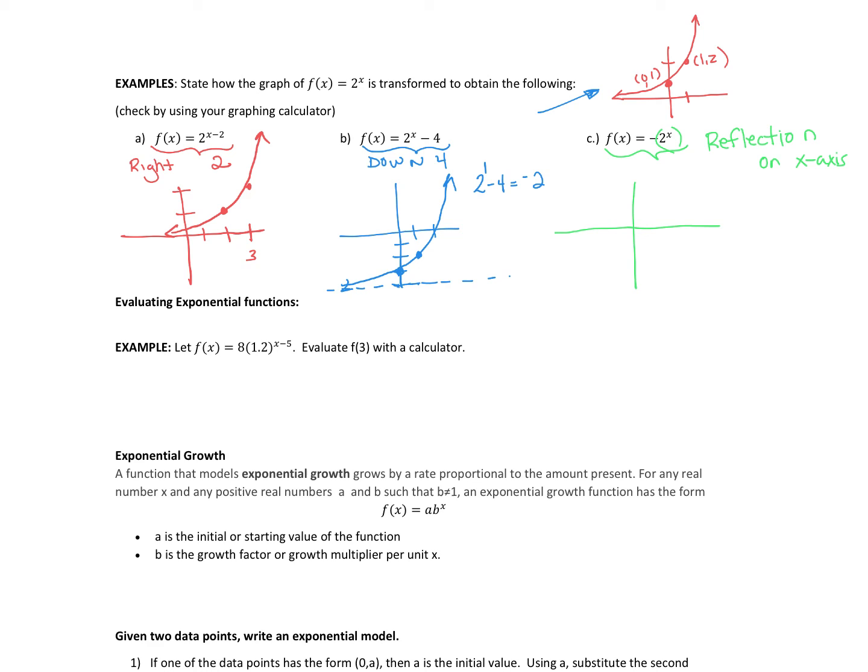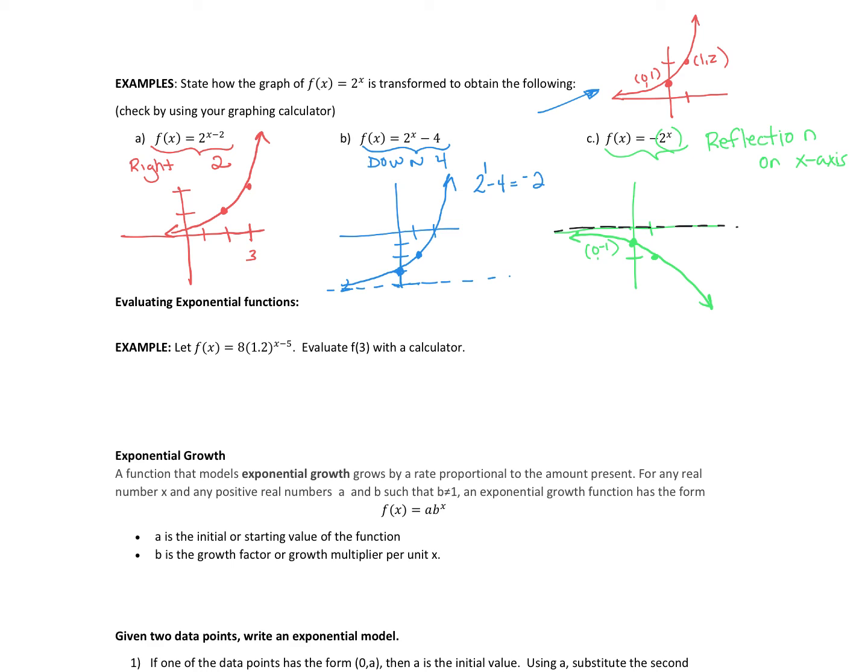So we've got our 2 to the x. This will be 0, -1, and 1, -2, and it will look like this. Again, we still have that same asymptote here at 0, so we're not going to cross that. It's just that reflection across the x-axis.